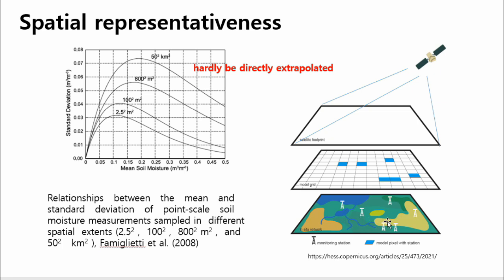If you look at the figures and images on the right-hand side, local stations are usually point-based, at the very bottom. For example, if their measurement was, let's say, 100, your satellite footprint at the very top could be 10, because it is a mixed picture. It mixes all the information in this square, which is quite different from the model grid and in situ measurements.